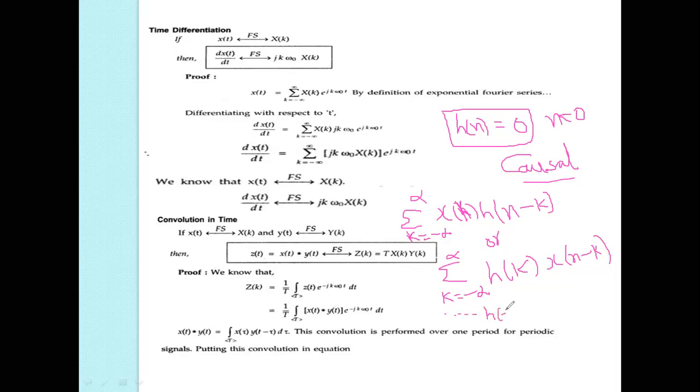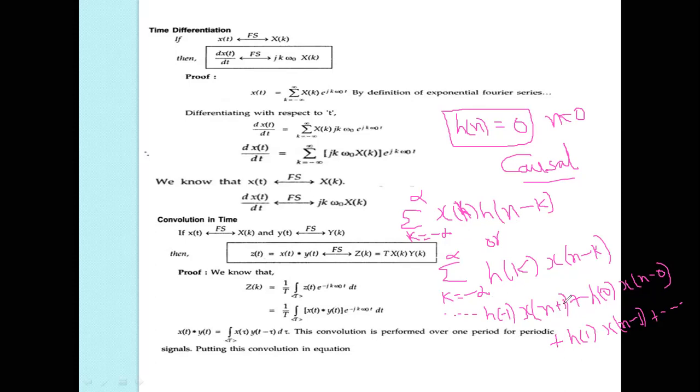Substituting k equal to minus 1: h of minus 1, x of n minus of minus 1, which becomes x of n plus 1.